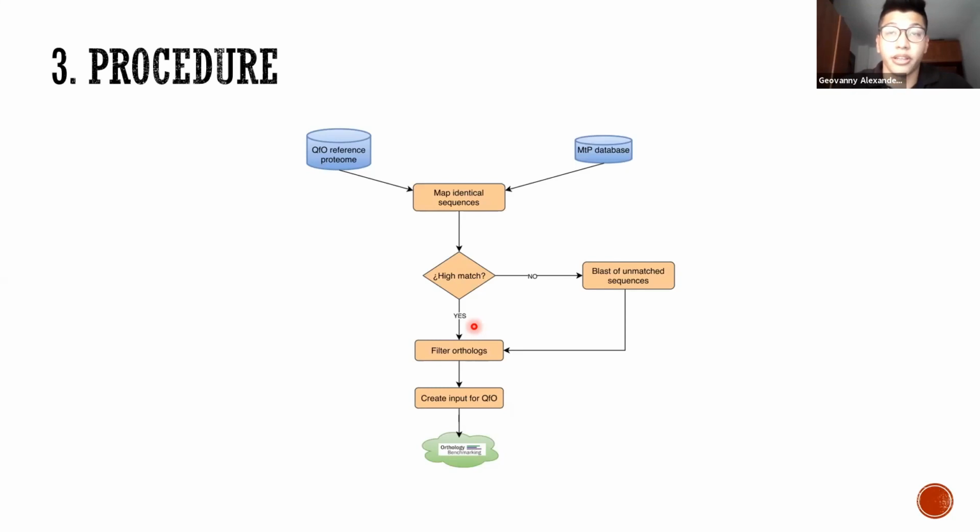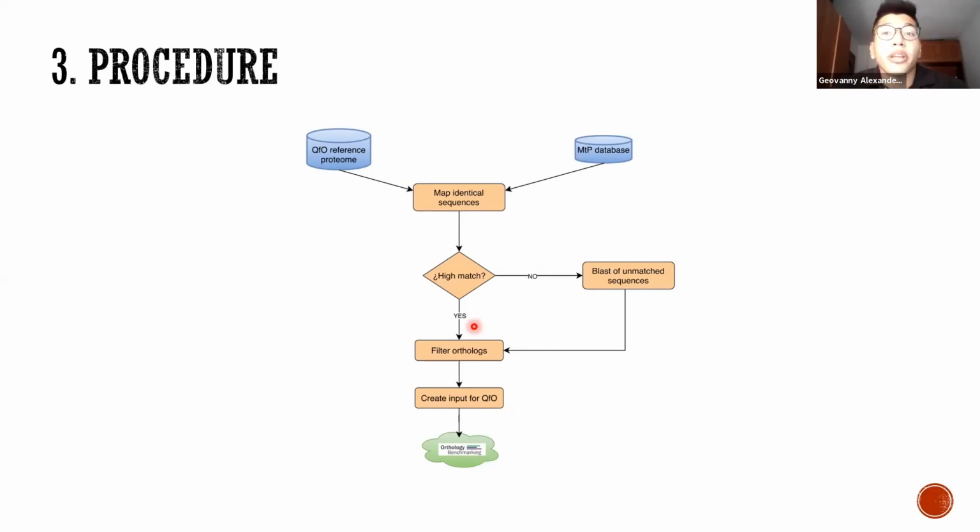We go to the next step, which is filtering the orthologs. In this step, the idea is to only have orthologs, and only those that have a match in the Quest for Orthologs. This means only those proteins that we accepted in the previous steps.